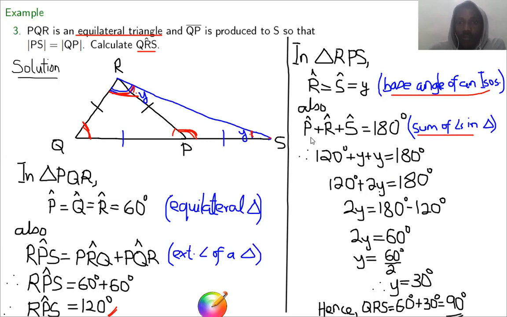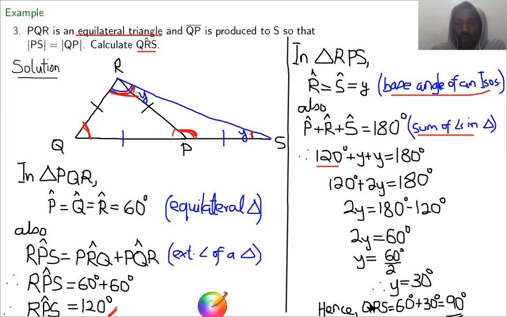The angle at P is 120 degrees, solved for already. So that is 120 degrees plus y plus y equals 180 degrees, 120 degrees plus 2y equals 180 degrees. Collecting like terms, we have 2y equals 180 degrees minus 120 degrees. So that is 2y equals 60 and y equals 30.